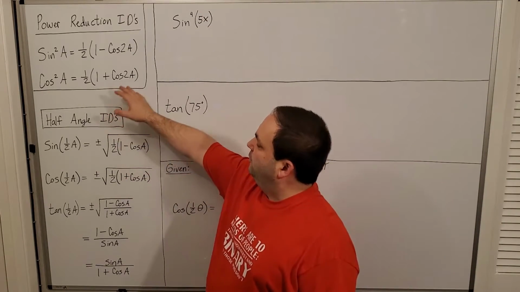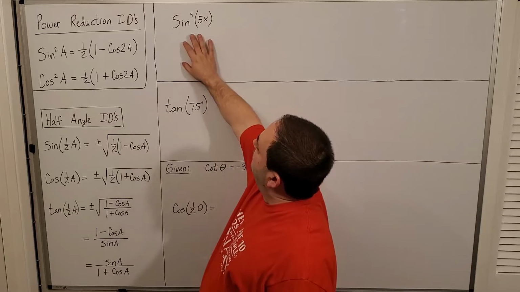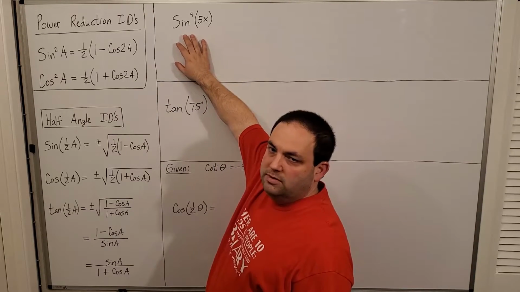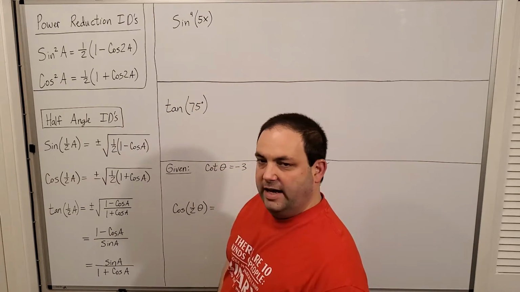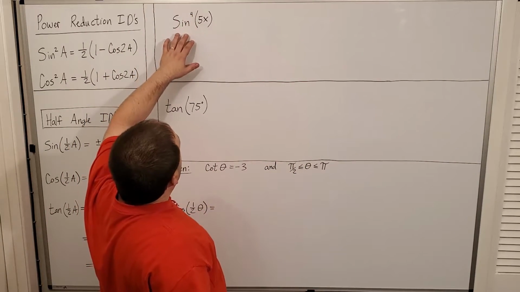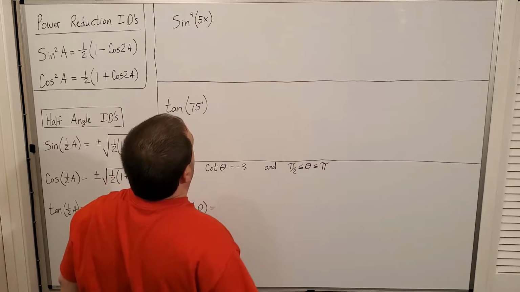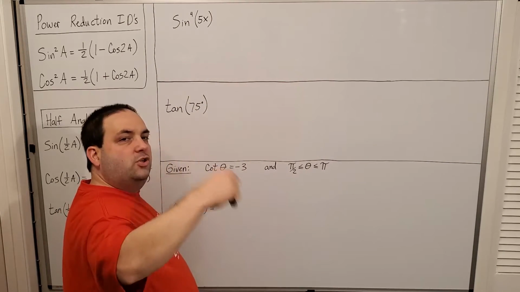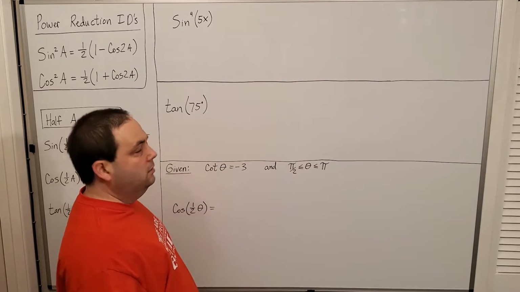Okay? So for the power reduction identities, for example, I have this one, sine to the 4th of 5x, that we're going to look at. The thing to notice is that sine to the 4th is the same thing as sine squared squared, right?